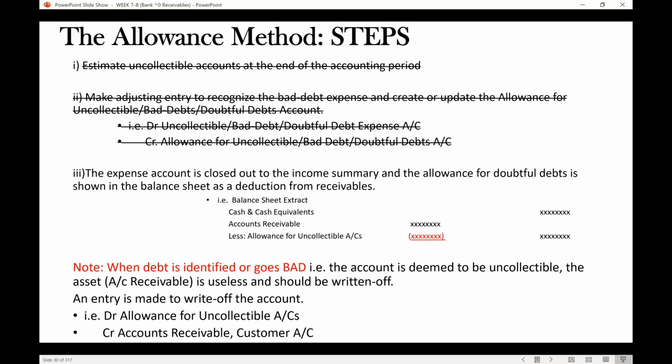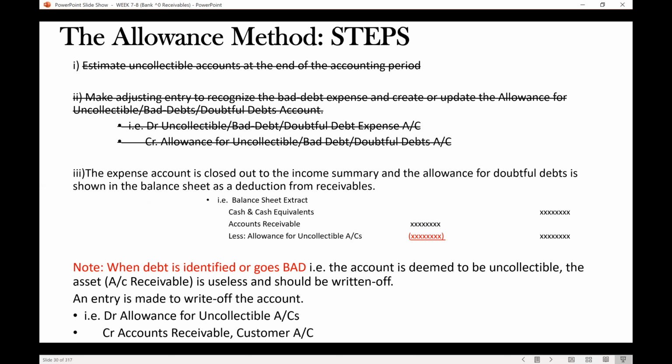No. If you remember our financial accounting cycle, where we record the transaction, we journalize, and we post to the ledger, then we go to our unadjusted trial balance, we do our adjustments, then we have our adjusted trial balance, then we do our final statement or our final accounts.